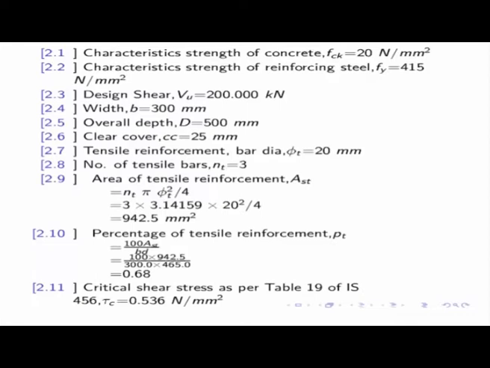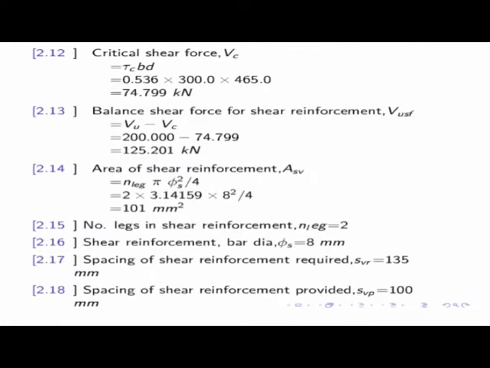That means the steel, dowel action, aggregate interlock, concrete, whatever we discussed yesterday, all combined, which you can get from table 19 by percentage of steel, is giving here 74.799 kilonewton. That means it can resist up to that.